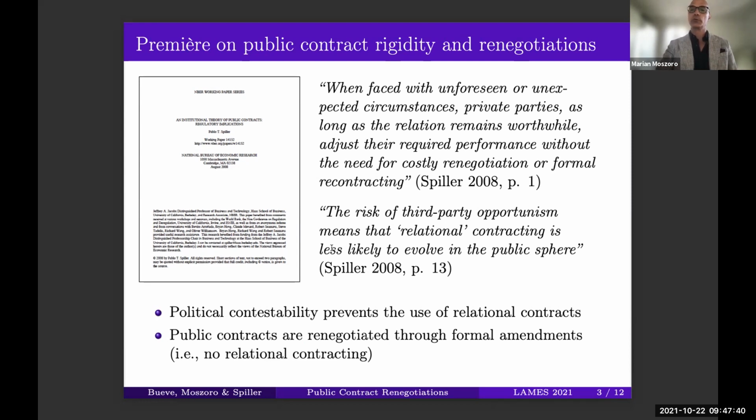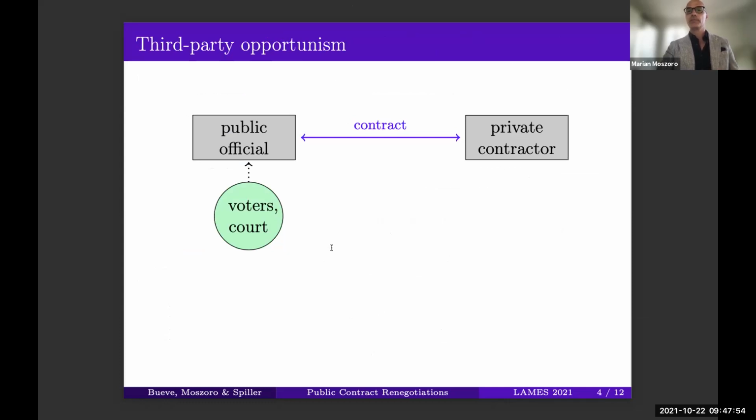And we are going to show you a mechanism that provides the rationale for more renegotiations in the public sector, and also empirical evidence.